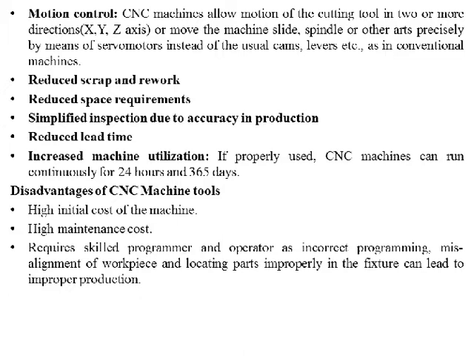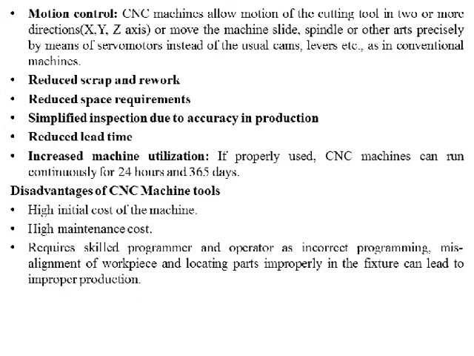CNC machines require less space, that is, reduced space requirements. Since it can be used for parts with high dimensional accuracy, these machines reduce the inspection time as the produced parts are at higher accuracy.